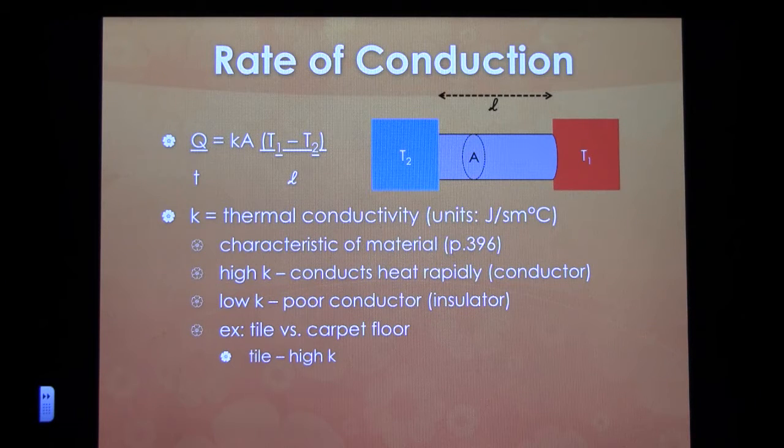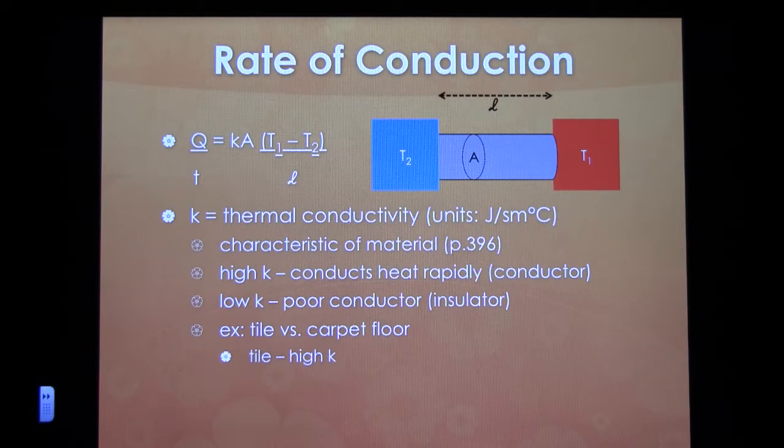Most people would assume that cold from the tile is transferred to your foot, but it's not. Instead, heat from your foot is pulled away through the tile. This happens very rapidly. So because heat's being pulled from your foot, you have the perception of cold.